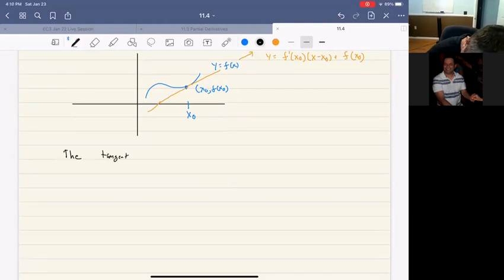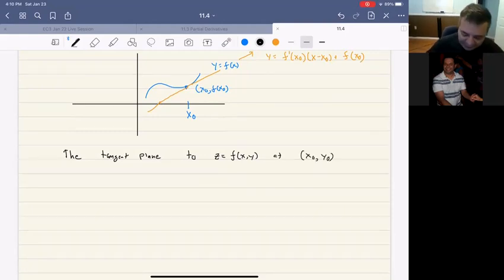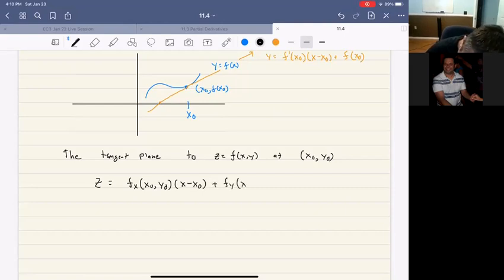The tangent plane to z equals f of x, y at x0, y0 is given by z equals, now we're going to have the partial derivatives here, f sub x at x0, y0 times x minus x0, plus f sub y at x0, y0 times y minus y0, plus f of x0, y0.